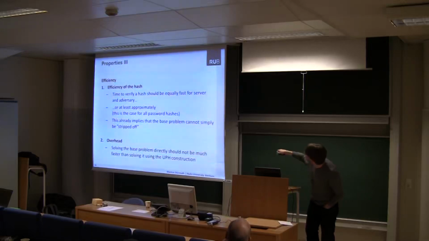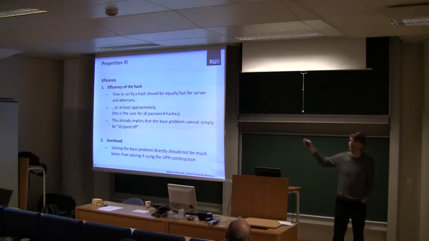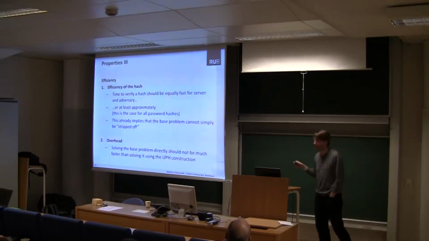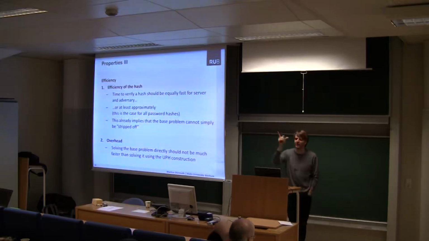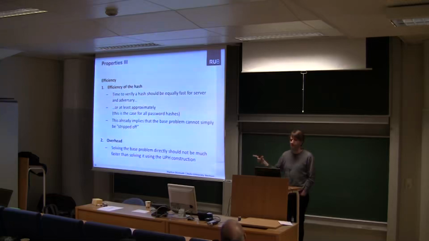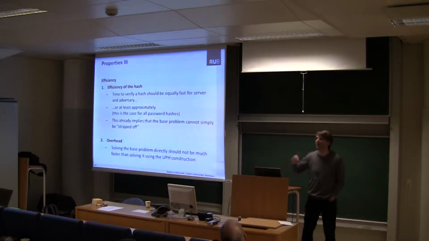Yeah, that was the overhead actually. I apologize. What the first point here said is that the resulting construction H star should be about equally fast on the legitimate server and on the attacker's computer. Now we all know that those are never the same.